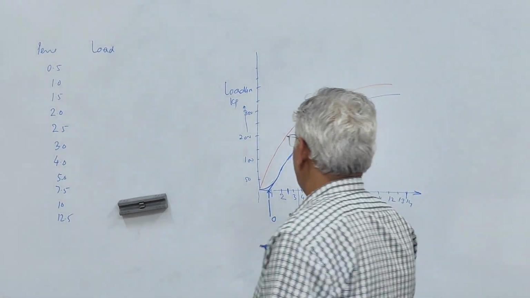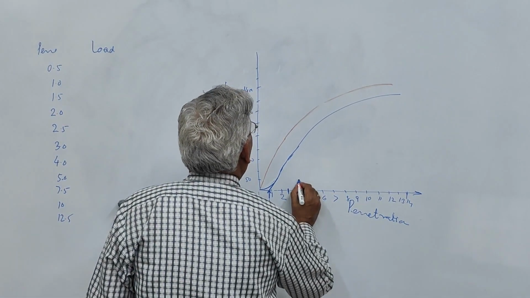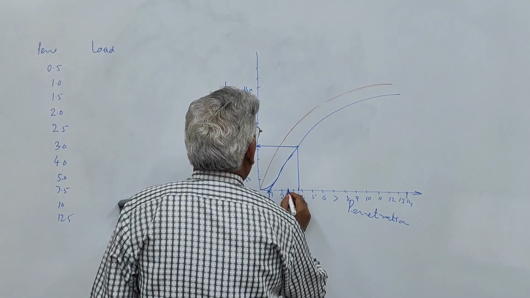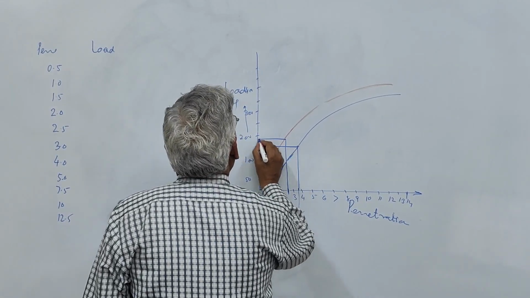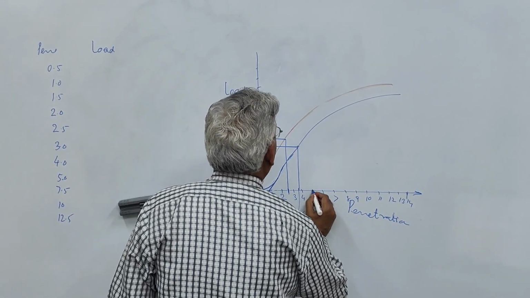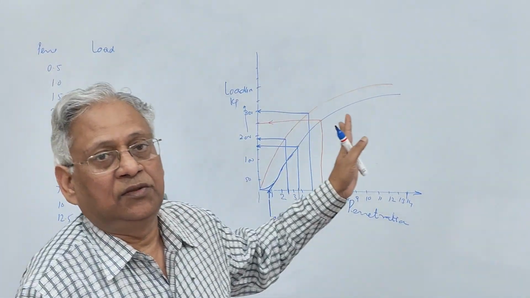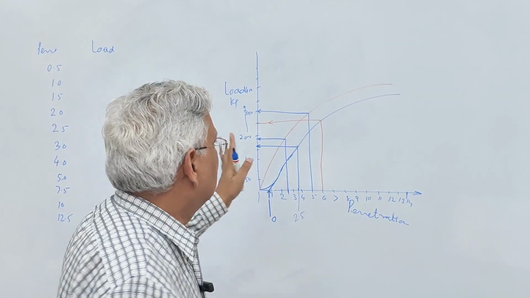Find out the load value for 2.5 millimeter penetration and corresponding to 5 millimeter penetration. Now these two loads are important to determine the CBR value.